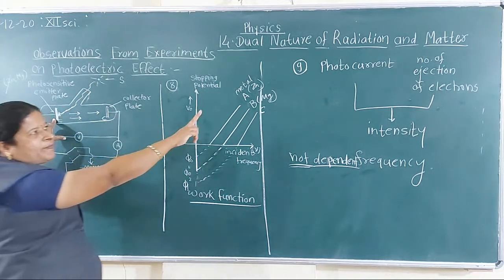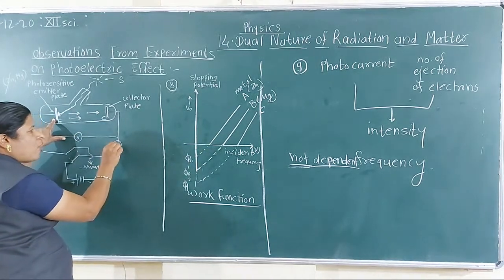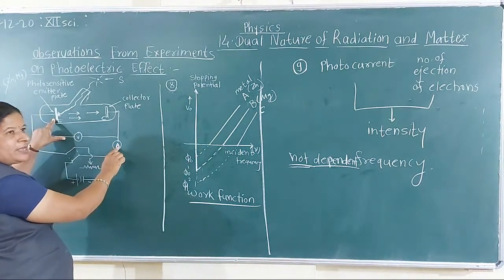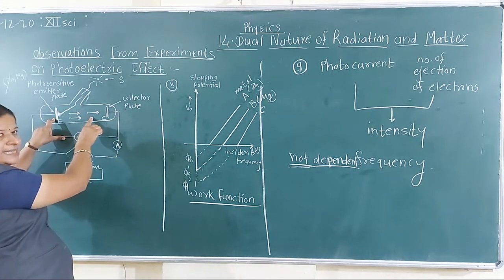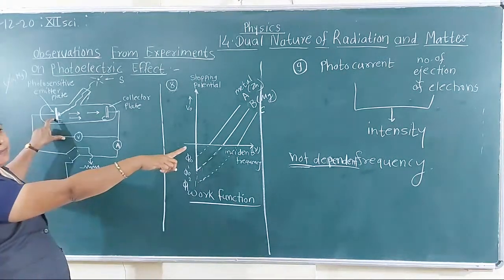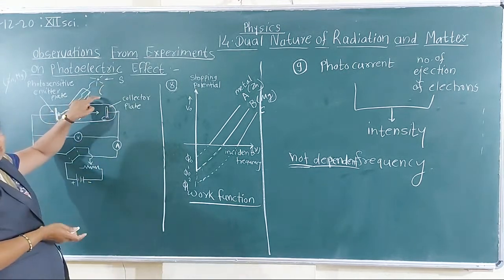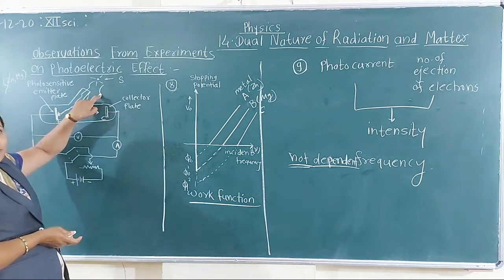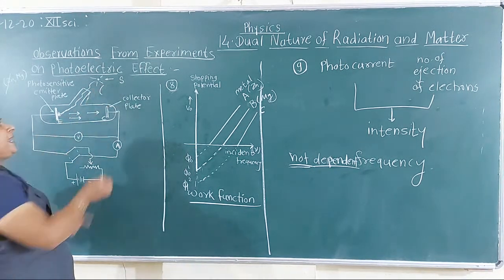The photoelectric current observed in this emitter depends on the number of electrons ejected from this emitter plate, and it depends on intensity. Already I told you that intensity means the power of that monochromatic source.